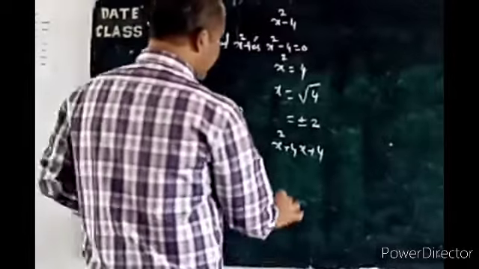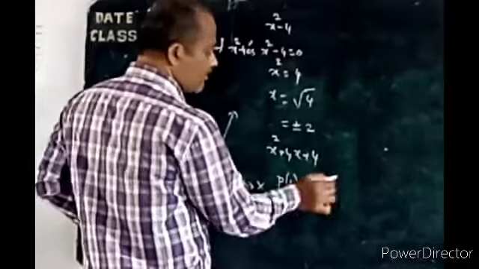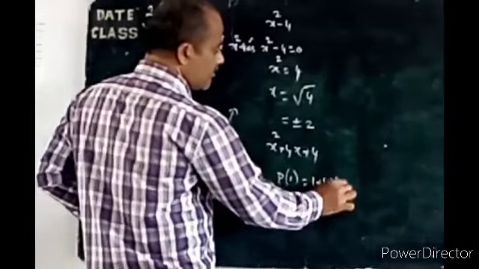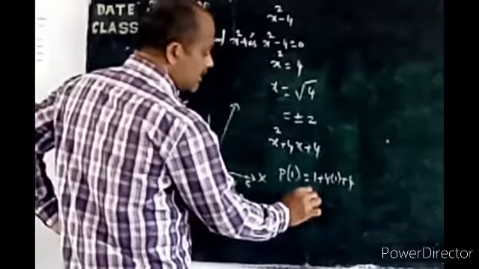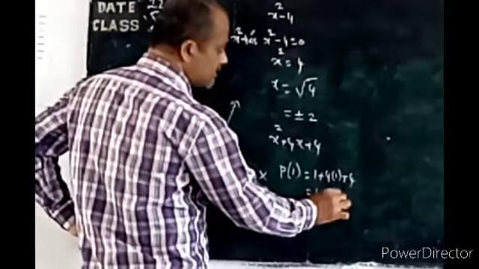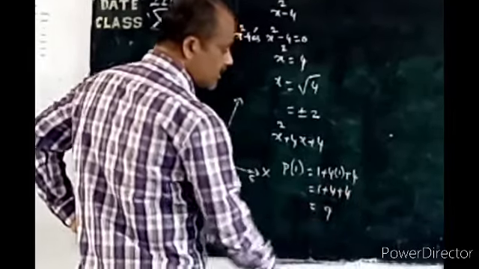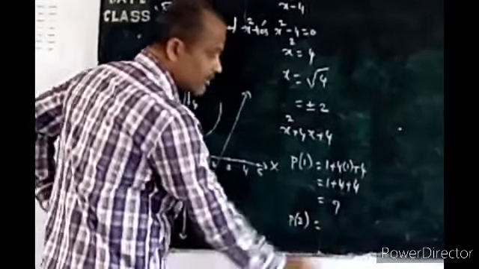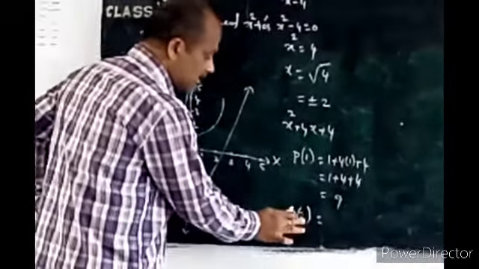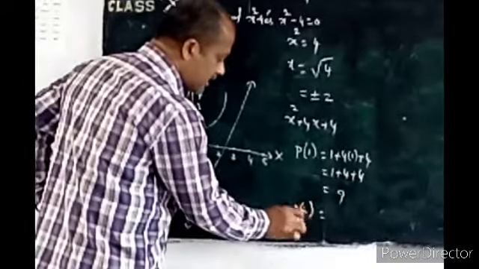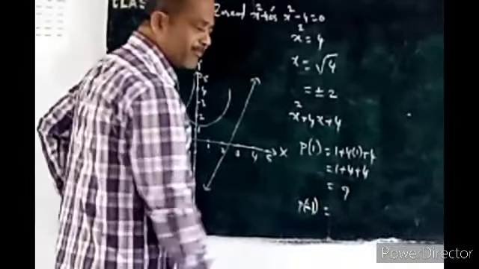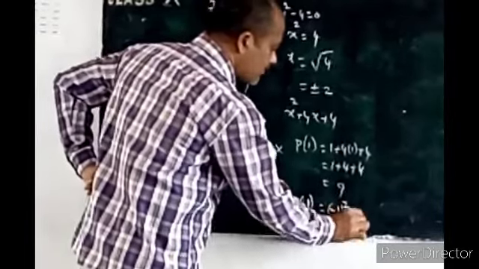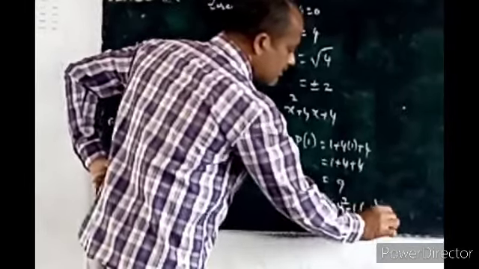While substituting, P of 1 is 1 square plus 4 into 1 plus 4, that is 1 plus 4 plus 4, which is 9. Next, P of minus 1 is minus 1 square plus 4 into minus 1 plus 4.